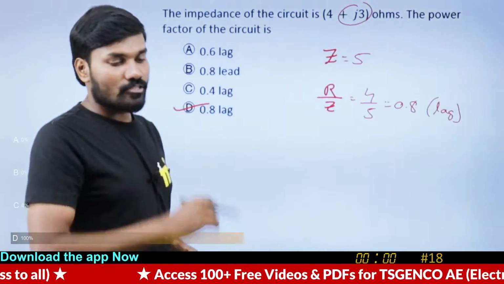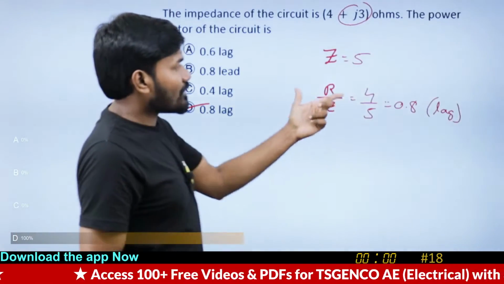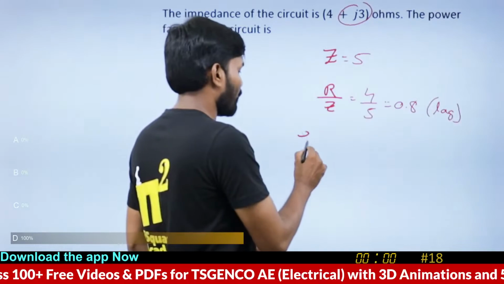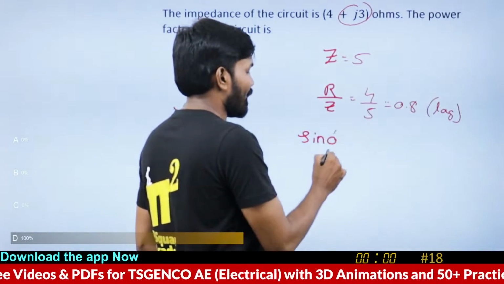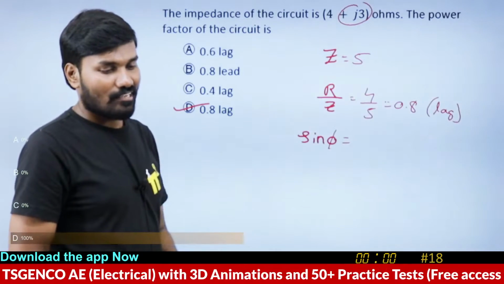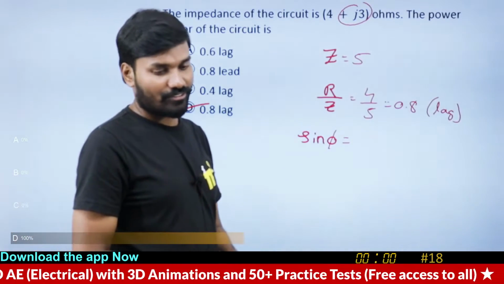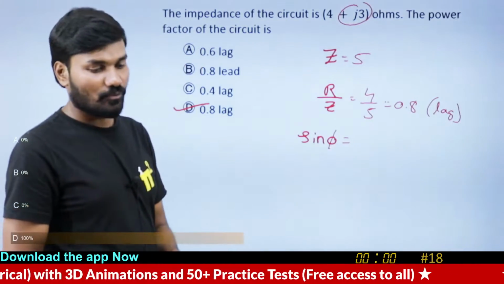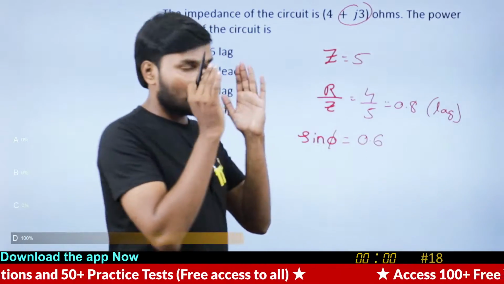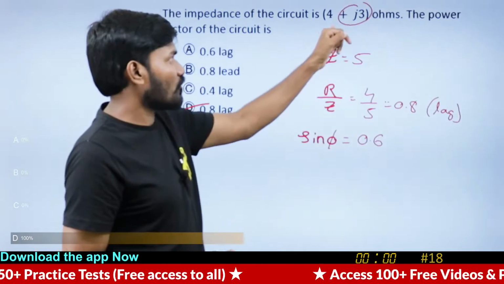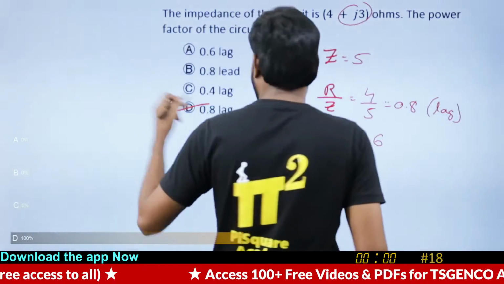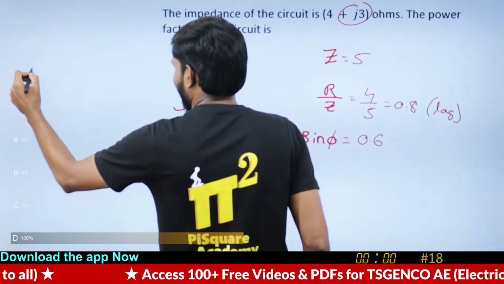Can you tell me what is the corresponding sine phi for this? I want everybody to respond. What is the corresponding sine phi for this? Very good. You should remember this 0.6 for this combo. For the same, can you tell me what's the angle phi for this?